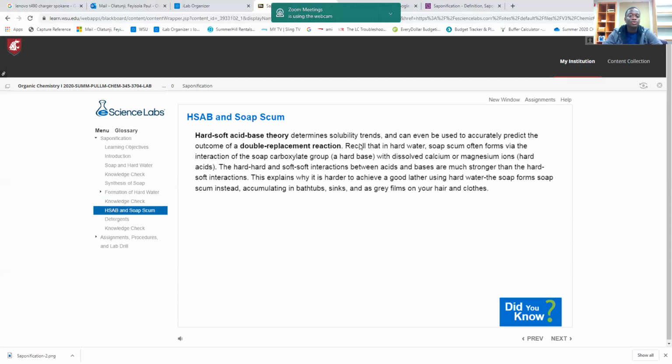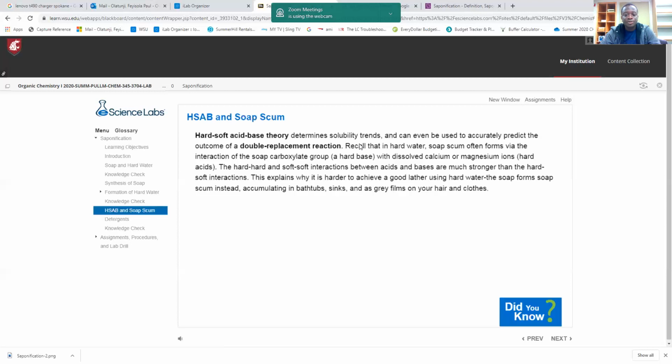And when you are making your soap, your carboxylic acid, your carboxylate that forms as a result of your saponification, the carboxylate functional group is negative, that's negatively charged. That carboxylate functional group is a hard base. Okay. And the hard base of your soap can interact with the hard acid consisting of the magnesium and the calcium ions in your water to form your soap scum.